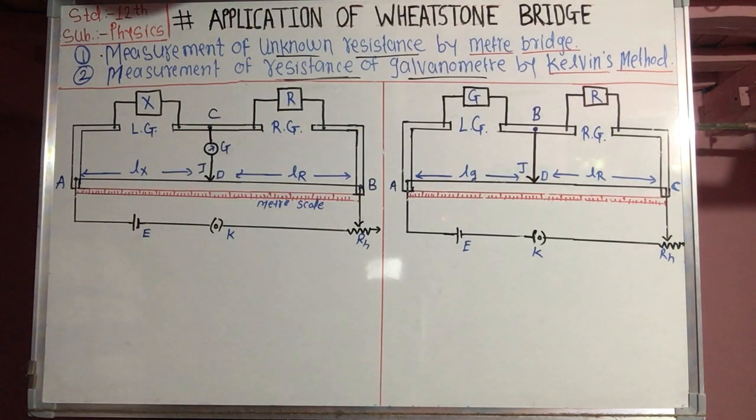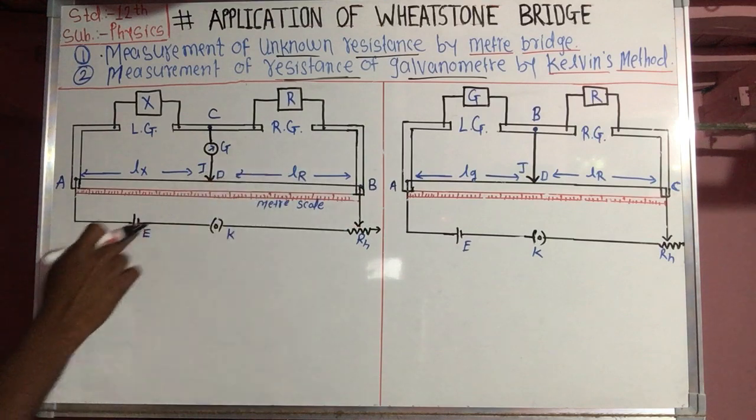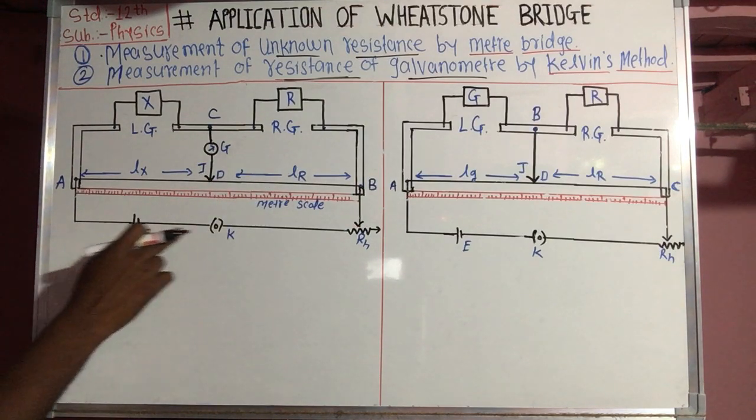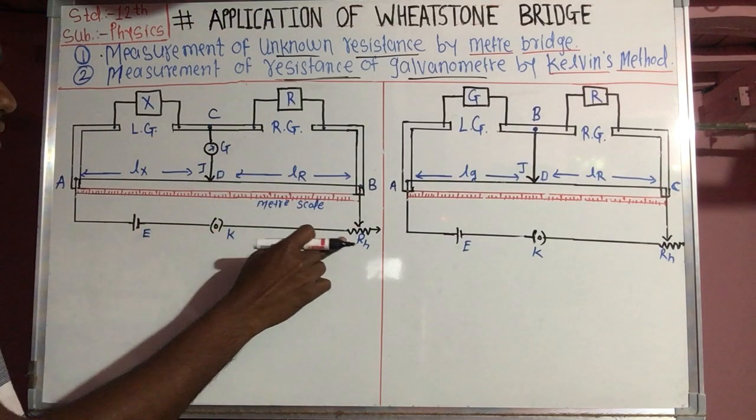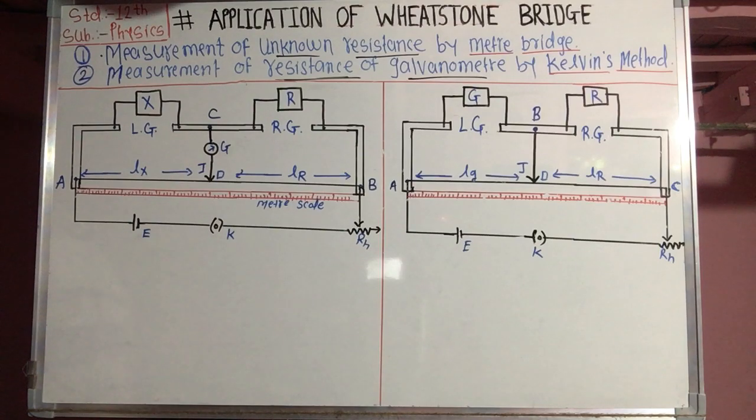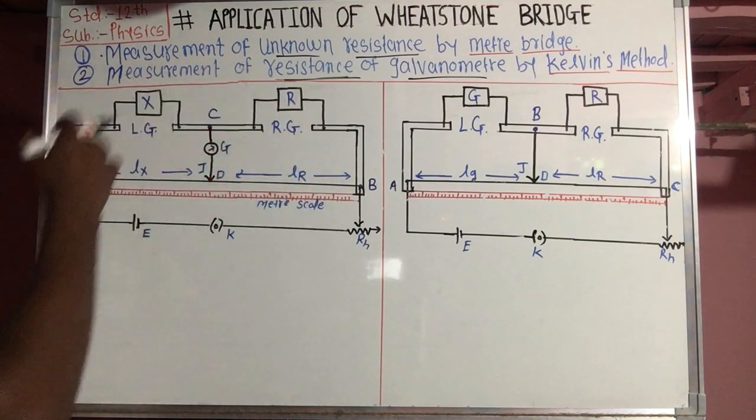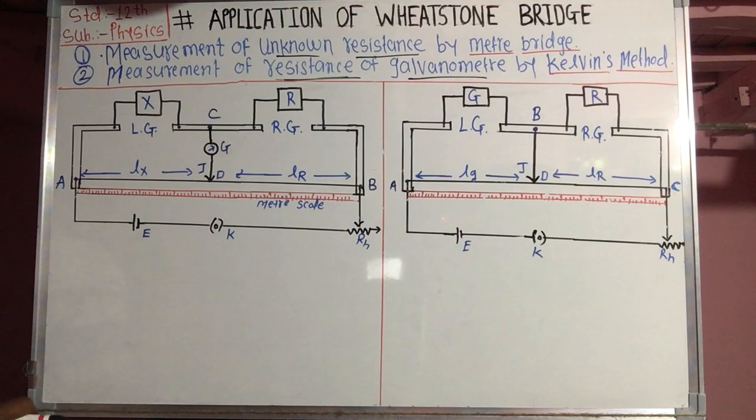Lastly, between the wire ends A and B, a battery of EMF E, a plug key K and a rheostat RH are connected in series. So this is all about the connections of the circuit diagram of the meter bridge.